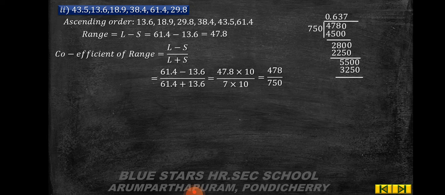That division you can see on the right-hand side. So you get the coefficient of range is equal to 0.637. So rounded off, the coefficient of range is equal to 0.64.